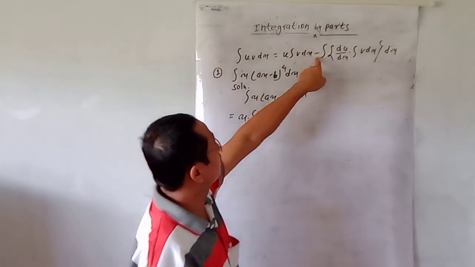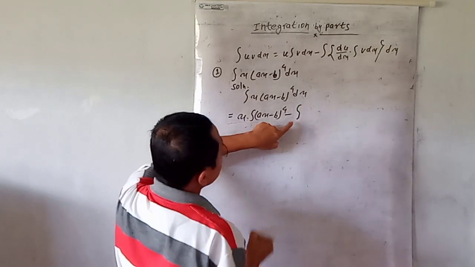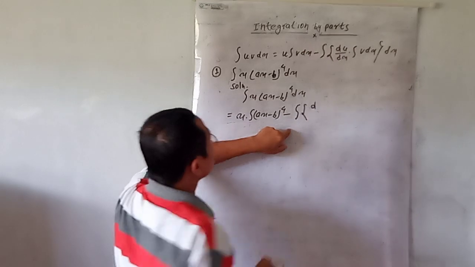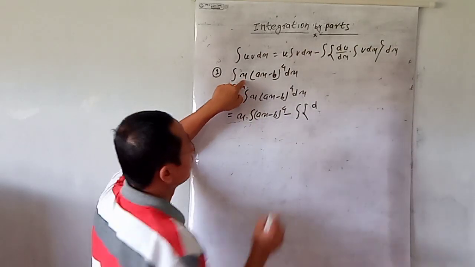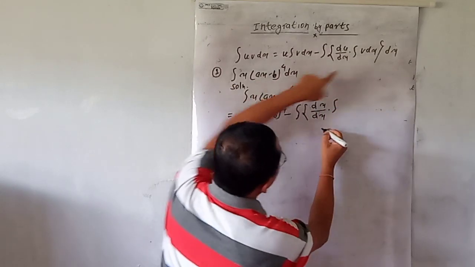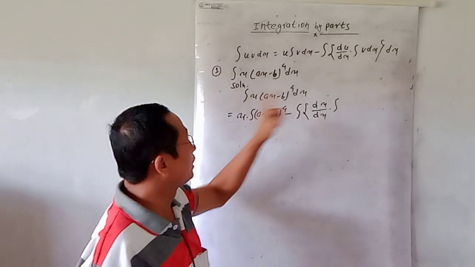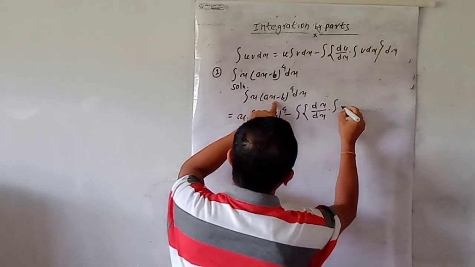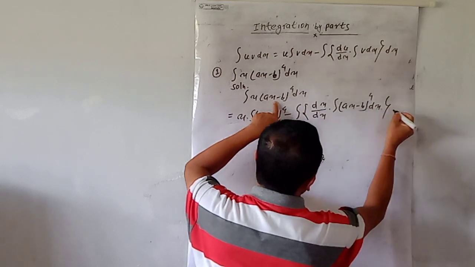After that, minus, look here in the formula, the integration of the curly bracket: du, the derivative of the first function, the first function is x here, the derivative of x is dx by dx, into the integration of the second function, v, whose value is (ax minus b) power 4 dx, as a whole dx.